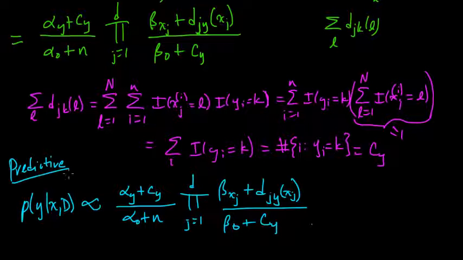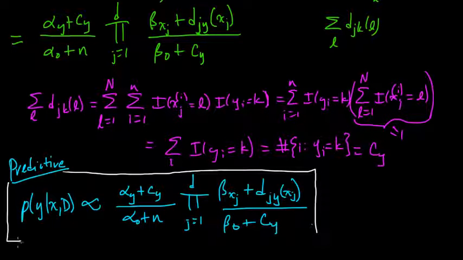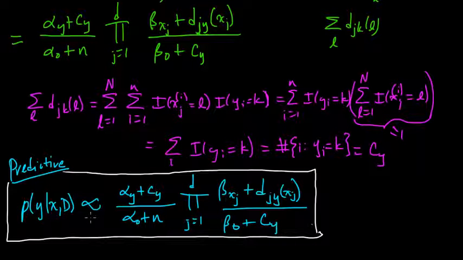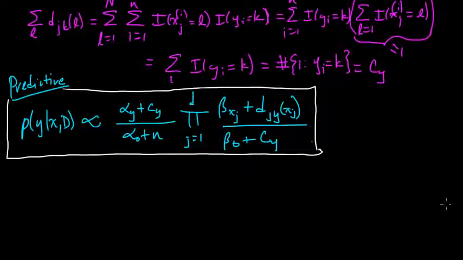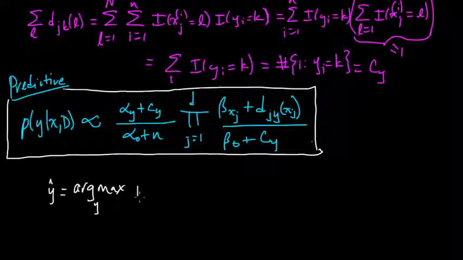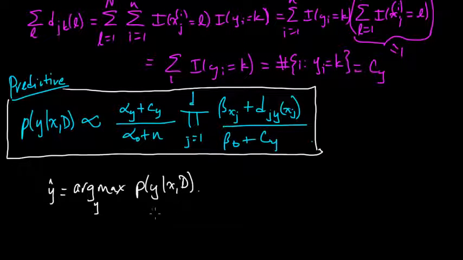That is our result, and this is a beautiful thing. Let me say first why this proportional-to is satisfactory. Remember that in order to do classification, we want to predict a y hat that maximizes this probability. Over all y's, we choose the y that maximizes this predictive distribution. That's our optimal choice of y to minimize our misclassification rate.